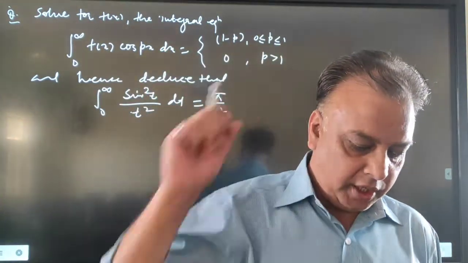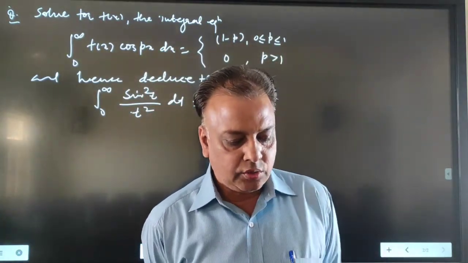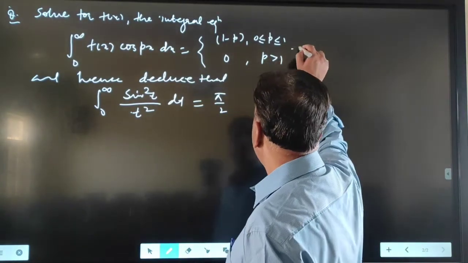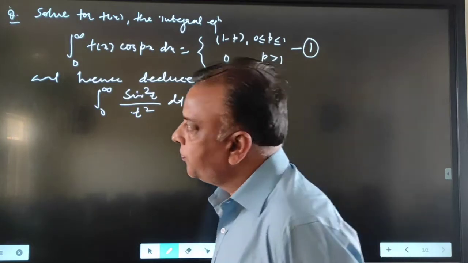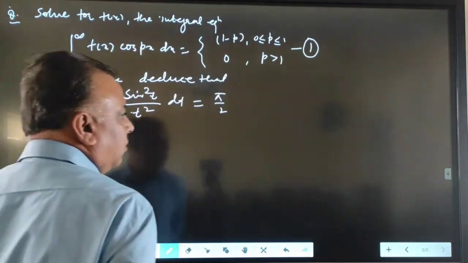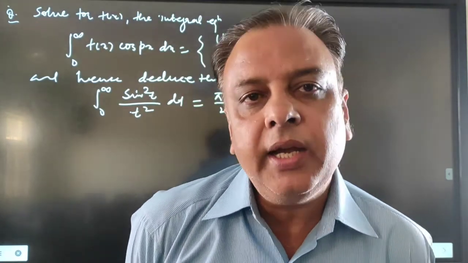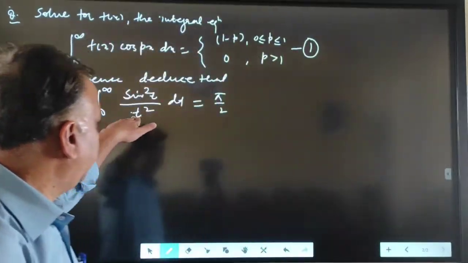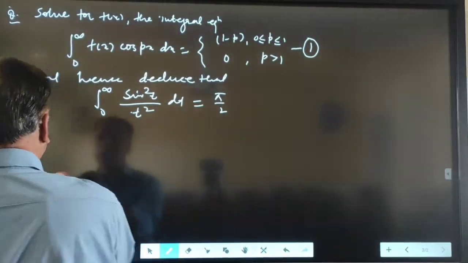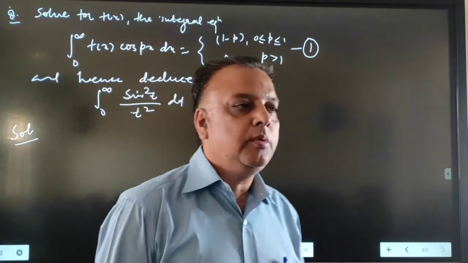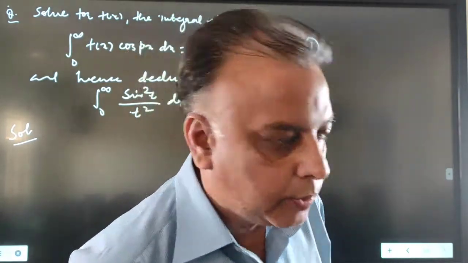If we take the integral equation as equation number 1, we first solve it for the function f(x), and by that result we deduce this result. The solution is based upon the Fourier cosine transformation and the inverse Fourier cosine transformation.